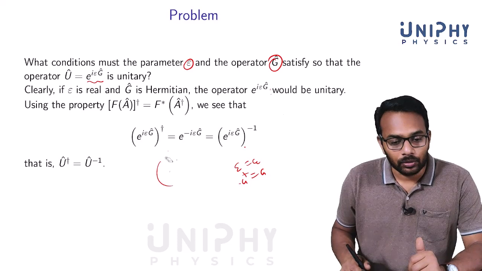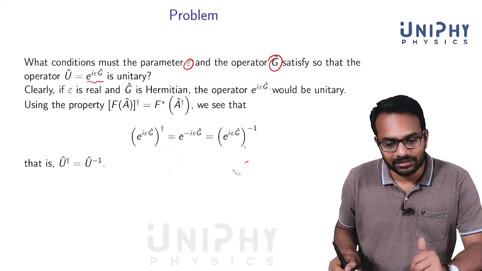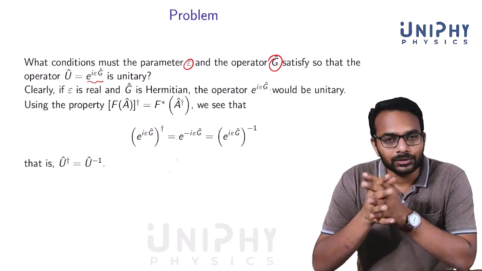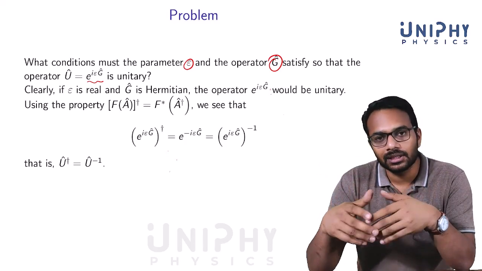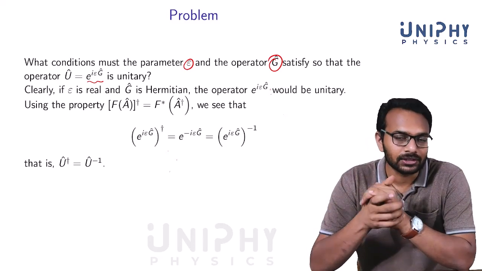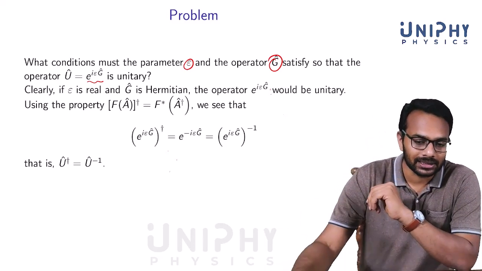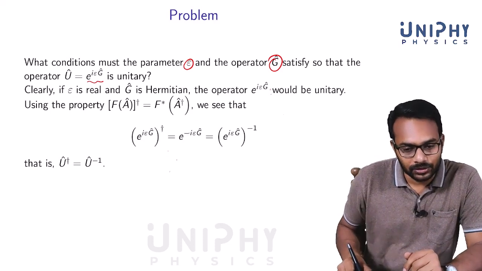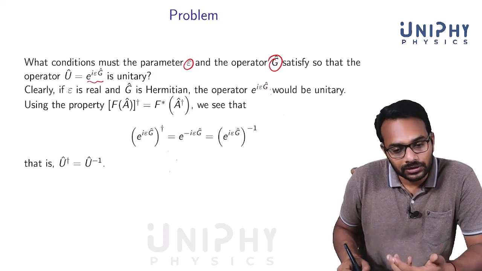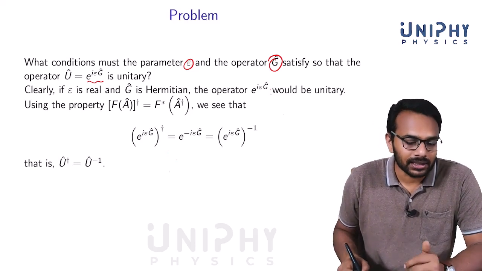Now we know that Hermitian operators have a special place in quantum mechanics, because all observables, or measurable quantities, are represented by Hermitian operators, not any operators but Hermitian operators. So that's the reason why we write unitary operators this way. Since we are familiar with them, it's useful to work with Hermitian operators.